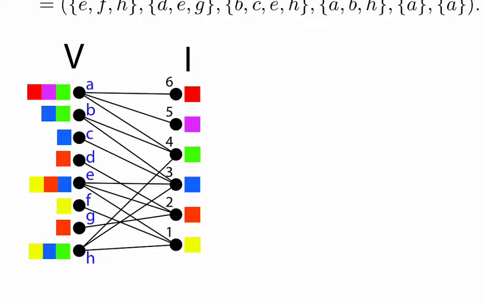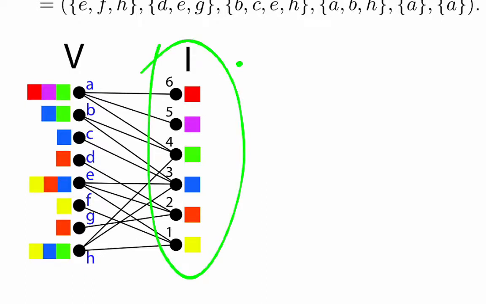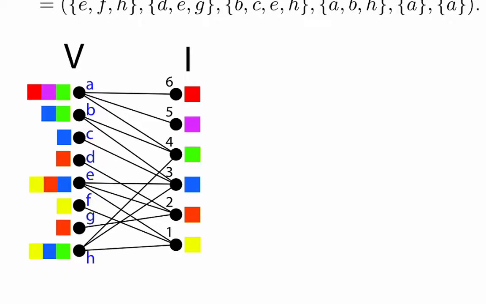Now the bipartite graph is representing this information redundantly, because on the right-hand side we have the list of groups. So A is a member of the red group, the purple group, and the green group. The bipartite graph also represents the grouping, as do the colors.